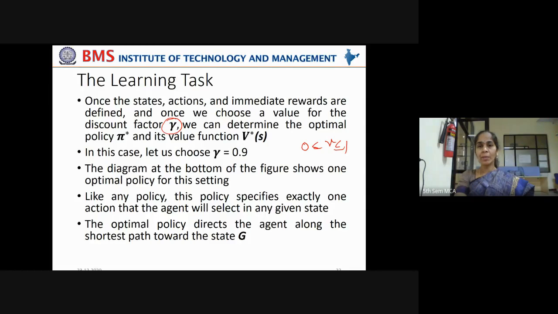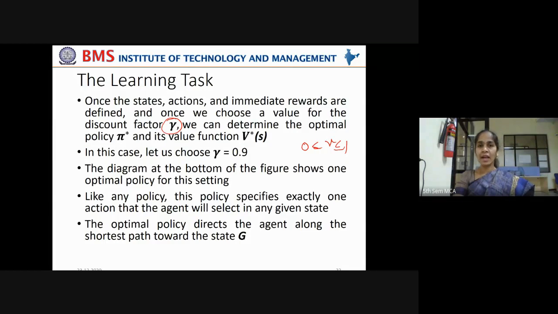But if you take gamma to be maximum, nearing 1, then you are giving more importance to delayed rewards. In any reinforcement learning task, immediate rewards are always more appreciated than delayed rewards. That is why we sometimes try to keep gamma as small as possible.